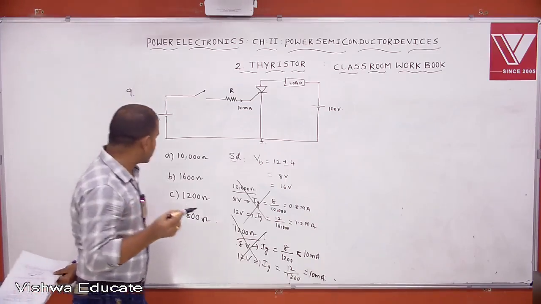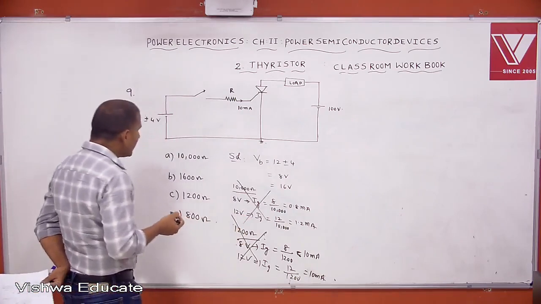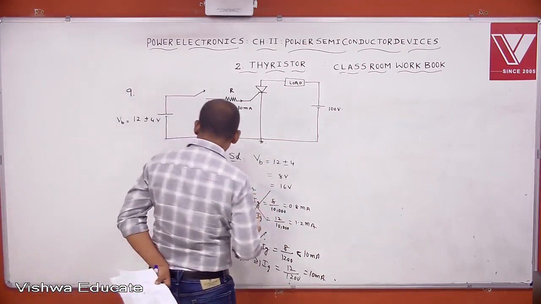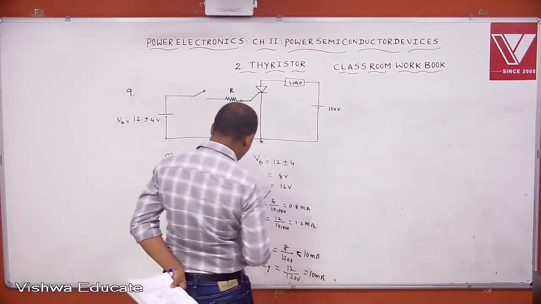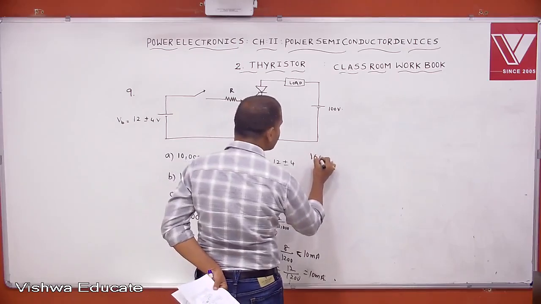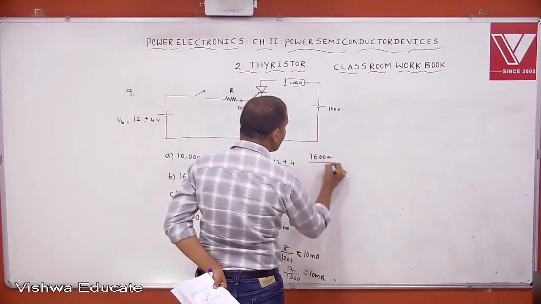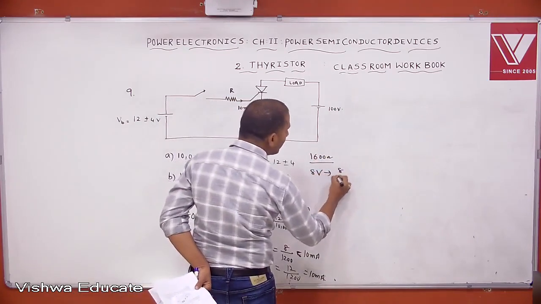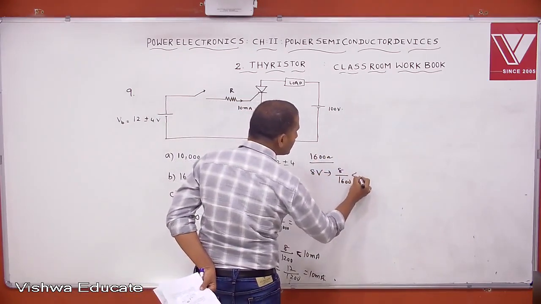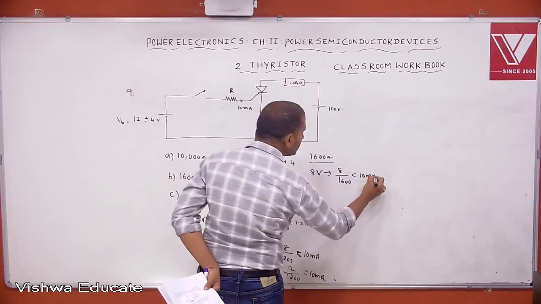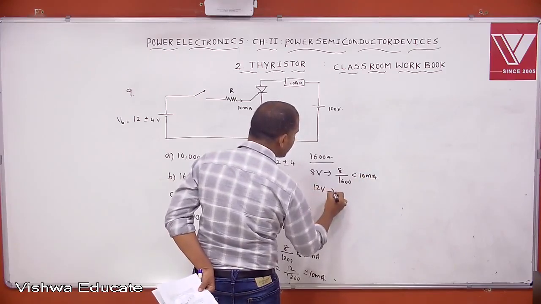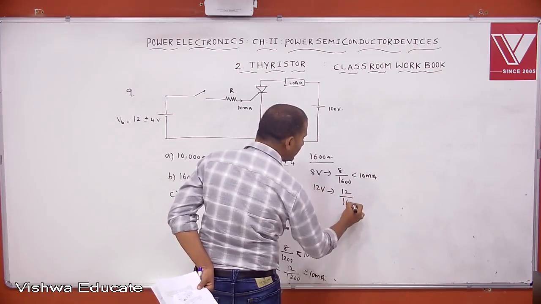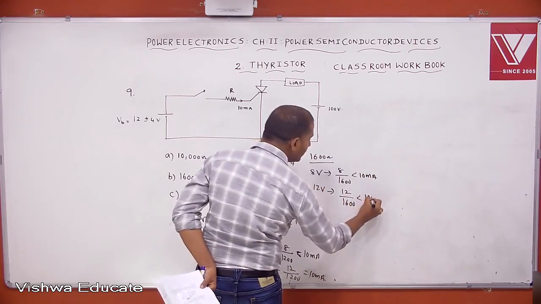Understood? Next, for example, you select 1600 ohms. For 8 volts, 8 by 1600 is less than 10 milliampere. For 12 volts, 12 by 1600 is also less than 10 milliampere.